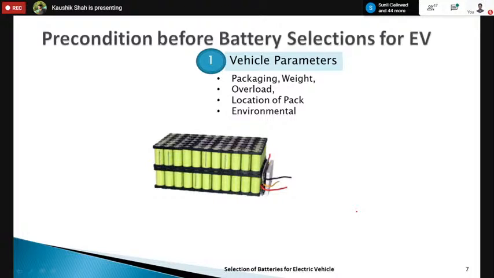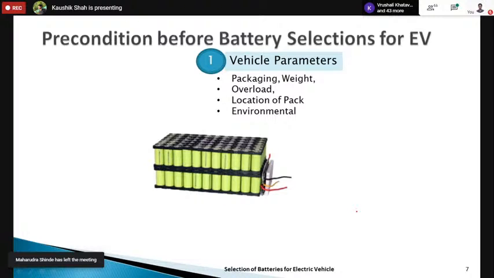Again, location of the pack is important, whether it is in the chassis, on the backside, or on the very top of the roof, where the CG is going to matter. It can topple the bus if it is not distributed properly. That kind of stuff is very important. You have to do the vehicle simulation, and hence I'm putting these thoughts here. Or near the drivetrain; it cannot go on the top of the roof.